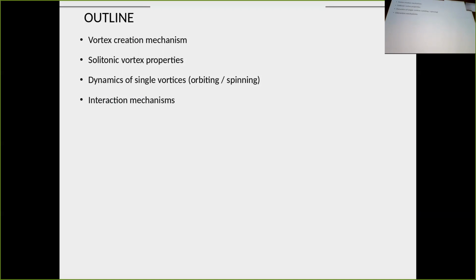I will discuss the characterization we did for the vortices that we create, both in terms of the static properties, meaning the snapshots at a fixed time, and also in terms of the dynamics of a single vortex evolving within the condensate. And then I will discuss the more general context where we have more than one vortex within the condensate, and hence we have access to the vortex-vortex interaction.